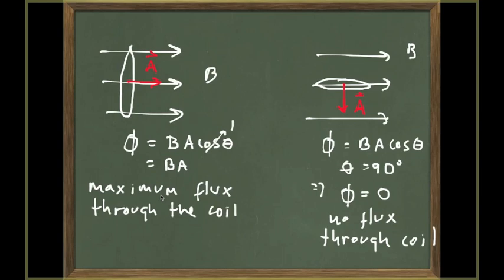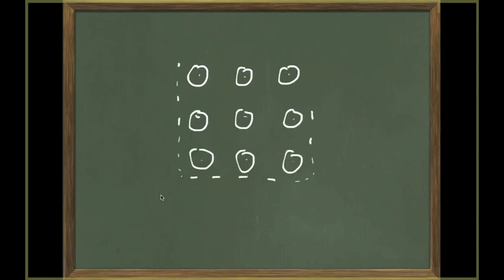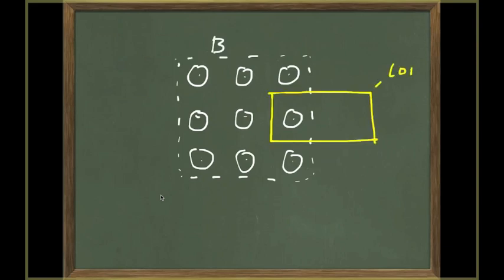Notice one thing about the magnetic flux, which is that if only part of your coil is intersecting magnetic field lines, right? This is your whole area, but not the whole area is intersecting the field lines, B. Suppose that the magnetic field B is only limited to be in this part of space. Your flux is not going to be B times A. It will be B times the area that is immersed in the magnetic field.